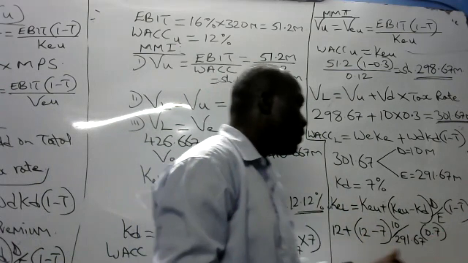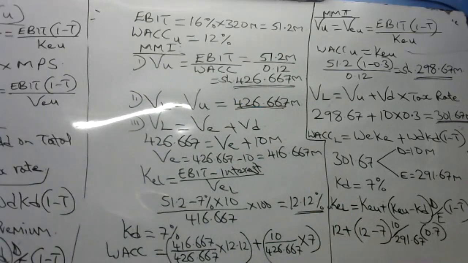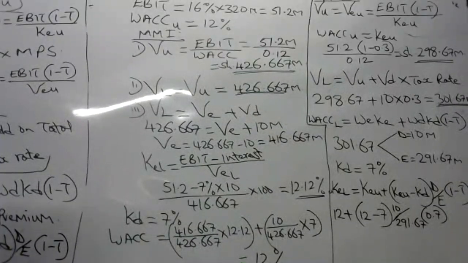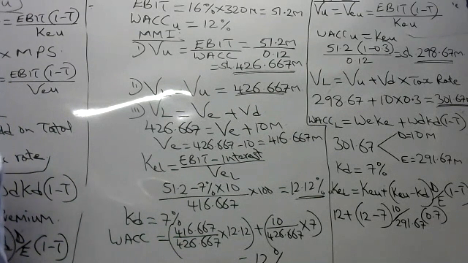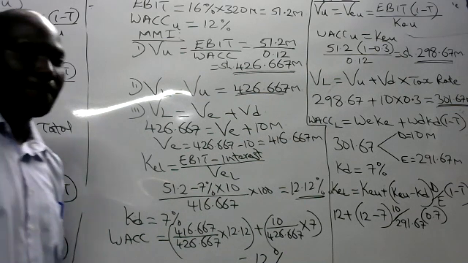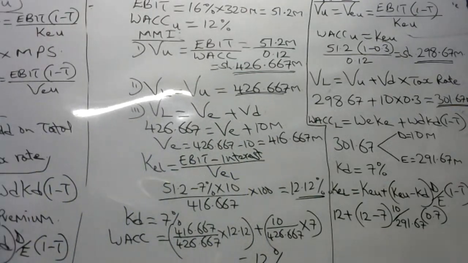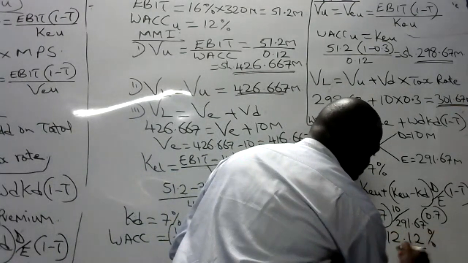So get the whole risk premium first, then add the 12. Points. 12.12, coincidentally.